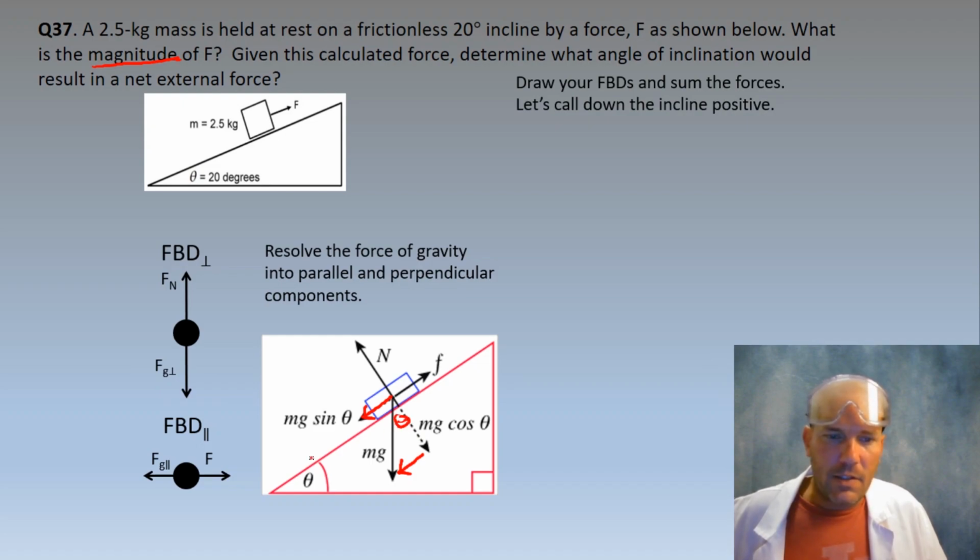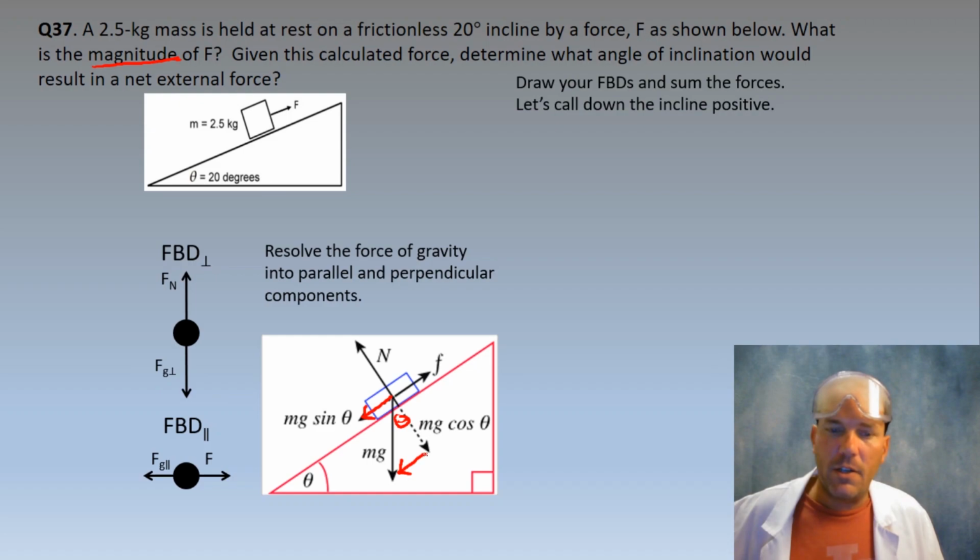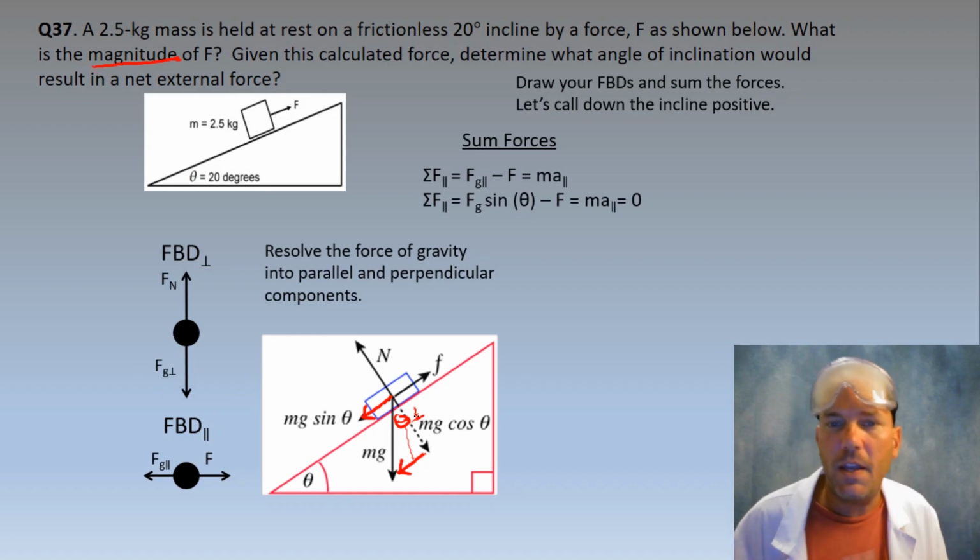This theta is the same as this theta. This arrow vector, this force, is the same in magnitude and direction as this one here. So to find parallel, you're going to use the sine. To find perpendicular, you're going to use a cosine for that adjacent side there. Okay, so let us sum the forces here.